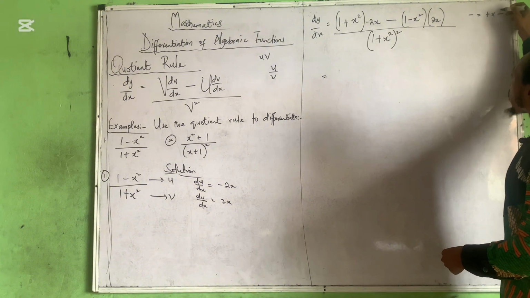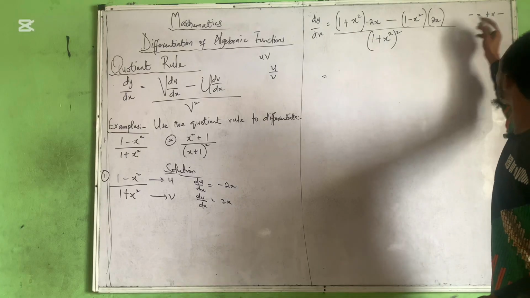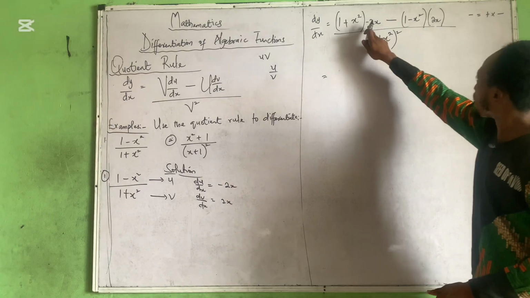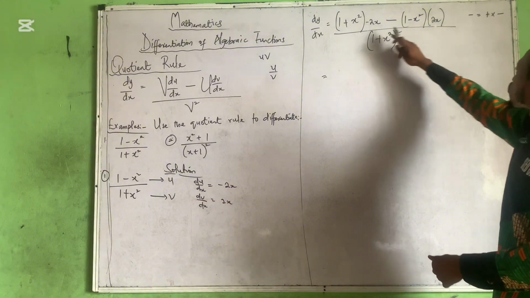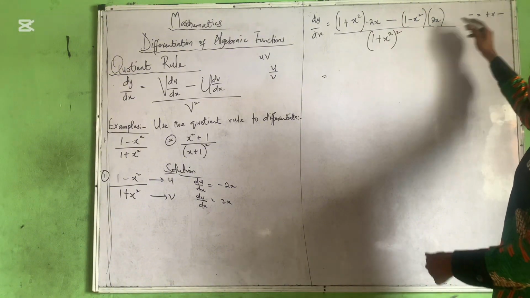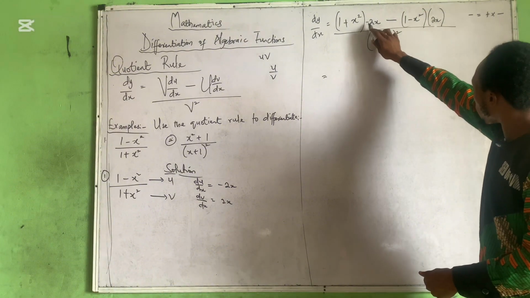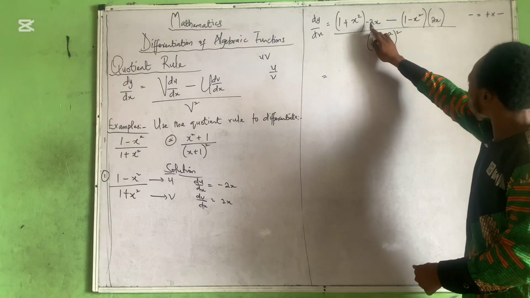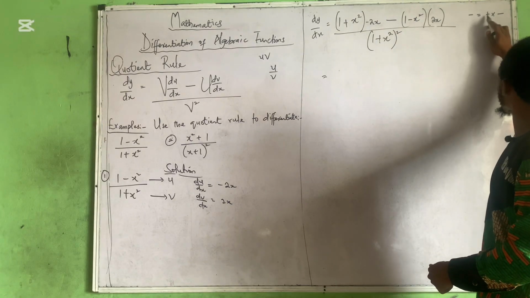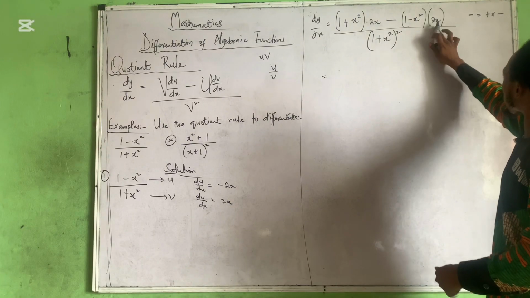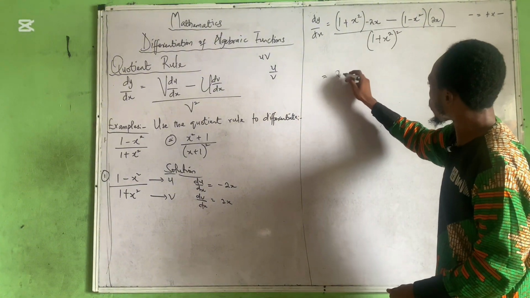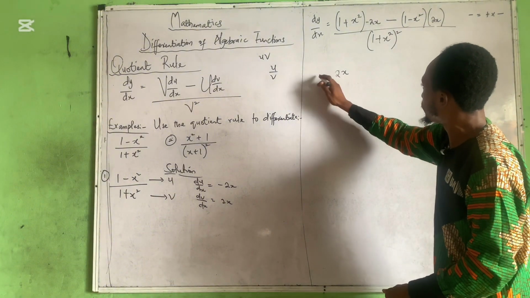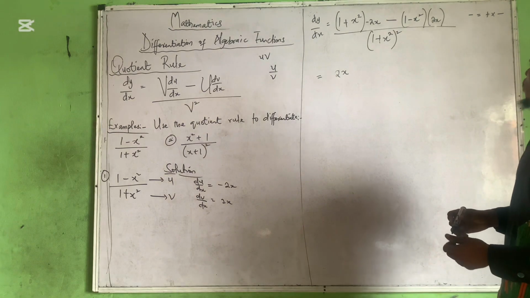So when we pick, we pick plus as what is common, because minus gives us plus times minus. So plus 2x is common on both sides.